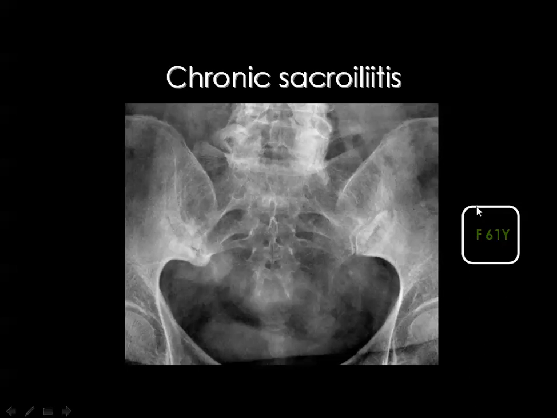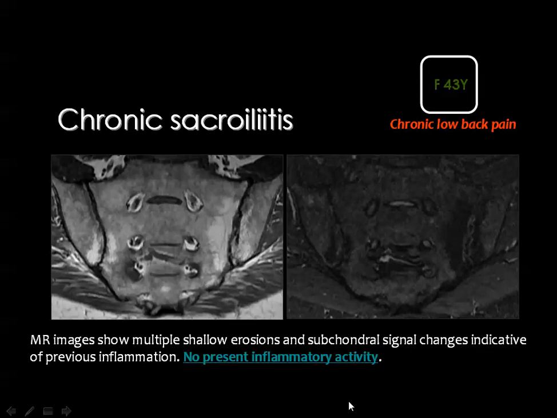Then whenever you look at the sacroiliac joints and you see that both joints are affected, whether symmetric or asymmetric, with narrowing of the joint space, subarticular bone sclerosis, then you know that this is a chronic type of sacroiliitis. Then how can you predict the possible underlying pathology? Then you should go to the clinical data, and you should look at the patient, and you should also have some idea about the laboratory findings, so that you can reach the final diagnosis.